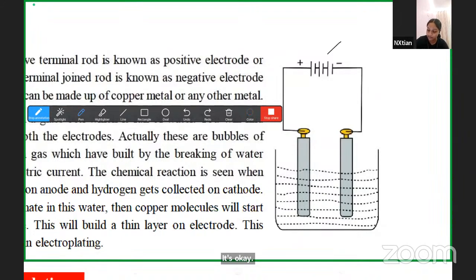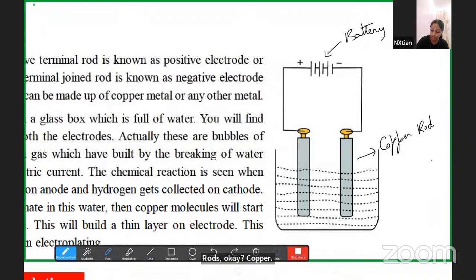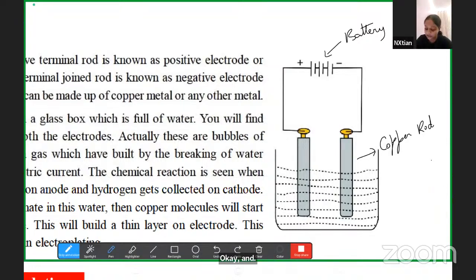Yes, this is a battery. These are the rods, copper rod. This is the positive terminal, where the plus sign is there.